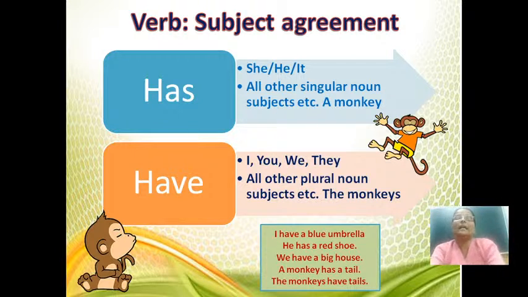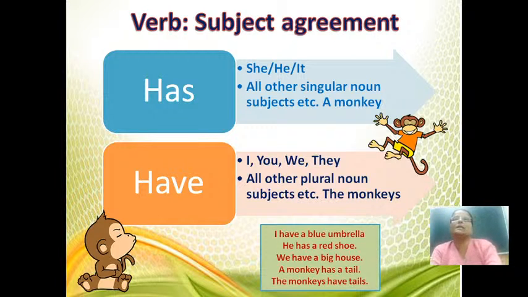Now, when I am using a plural subject, you see the monkeys. The monkeys means plural subject. When it is a plural subject, then what should I use? I should use have with it. So you see the difference? The monkeys have tails.